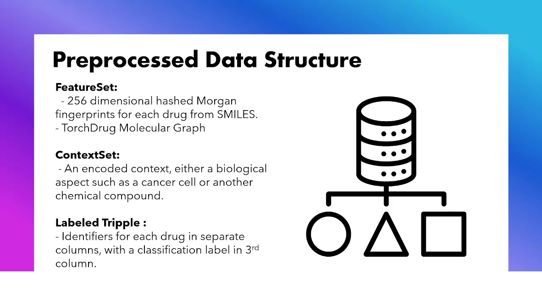So a 1 or 0. For example, if it was a drug-drug interaction, the label would be a 1 or 0, indicating a binary relationship of whether the interaction would occur under a certain context.